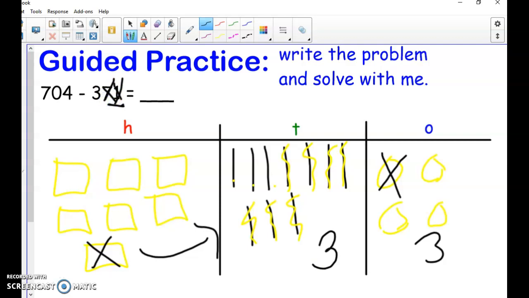And lastly, I need to take away 300s. 1, 2, 3. And I'm left with 300s. So 704 minus 371 is equal to 333. All right, that's it for our lesson today.